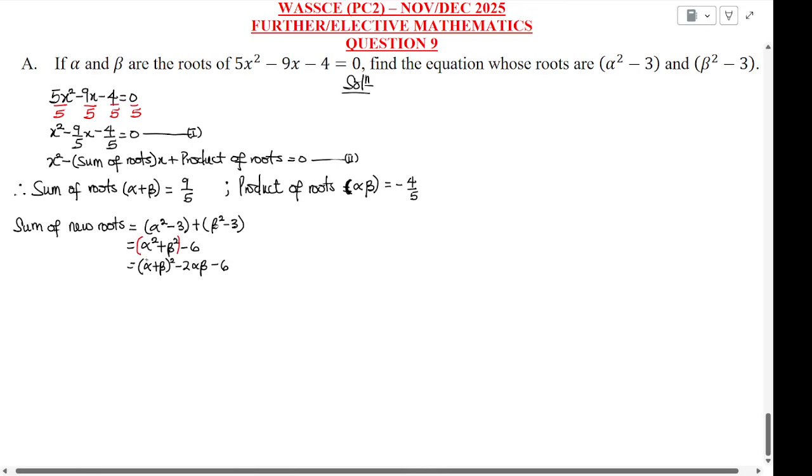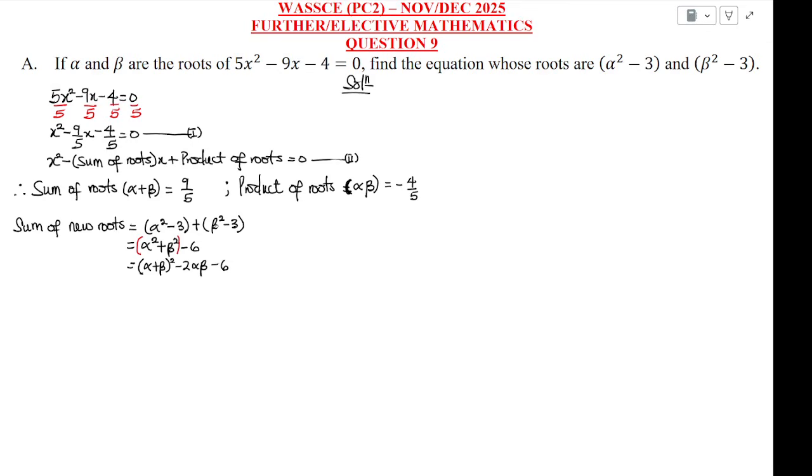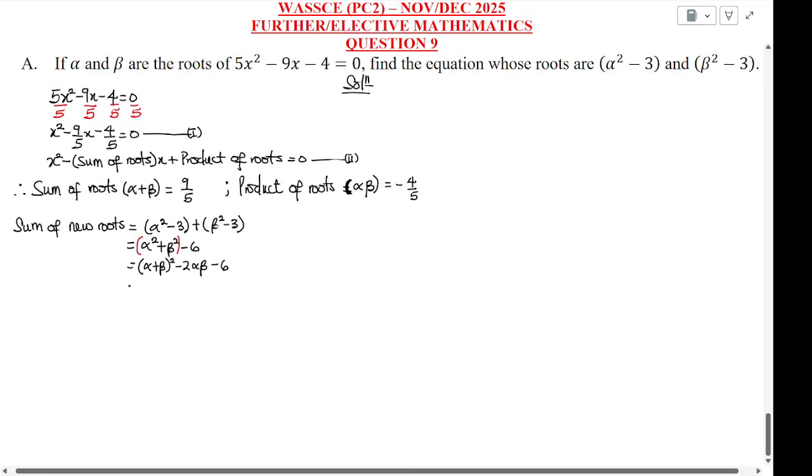From this point, we can do some substitution. Alpha plus beta is 9 out of 5, so we have 9 out of 5 all squared minus 2 multiplying alpha beta, which is the product, negative 4 out of 5.